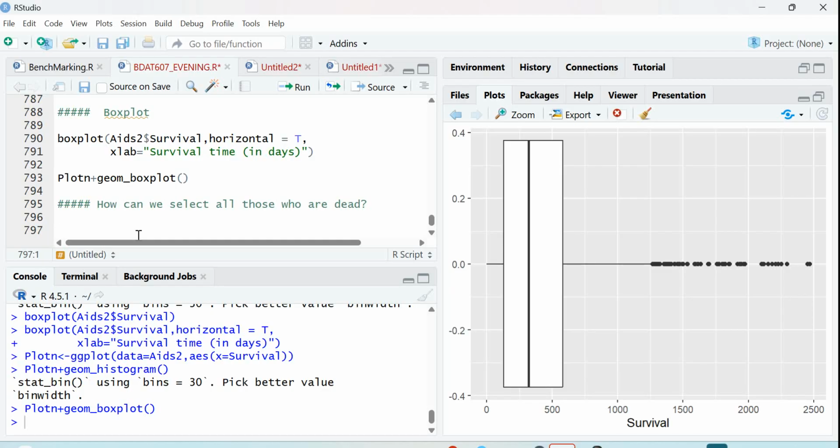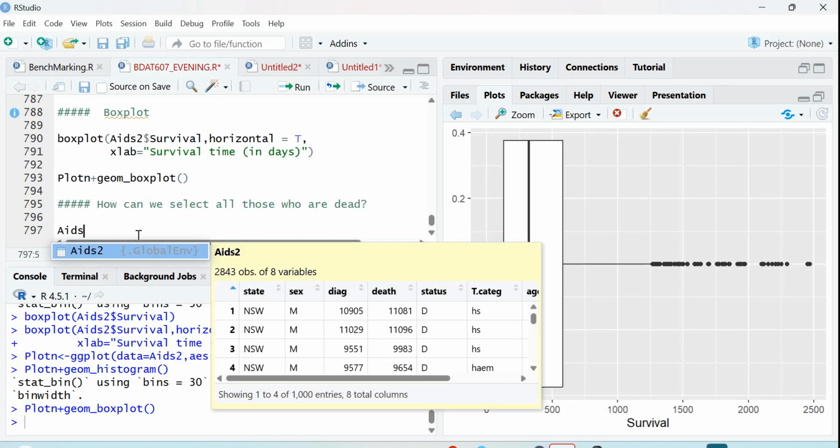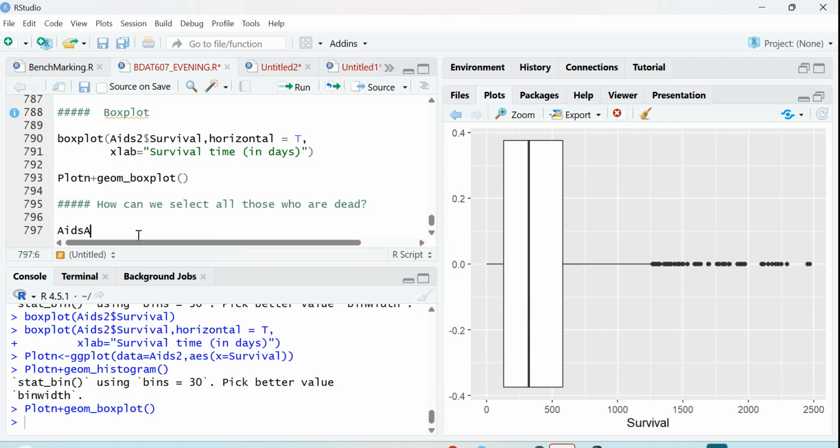So we call A's to, let's say we call A's dead, right? So you said we should call A's A2. Okay, and then what? Please, Prof, I'm checking the data set to see the name.